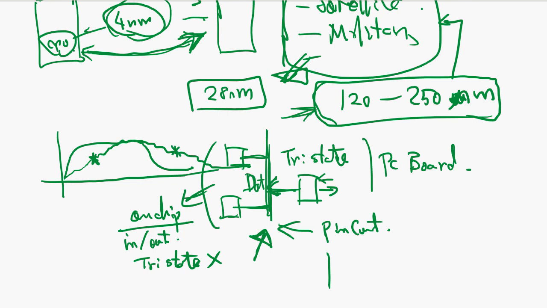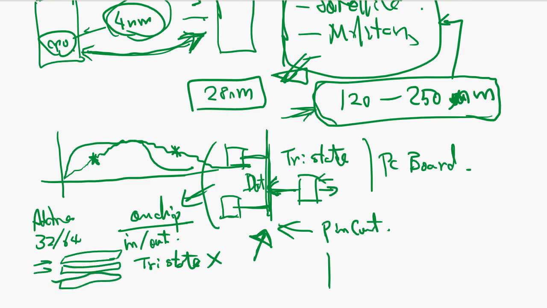If you have a lot of capacitive load, the typical one is the address. You have a 32-bit or 64-bit register, and you have to select the register by address line. This is going to be a very heavy capacitive load, and the signal becomes like this.